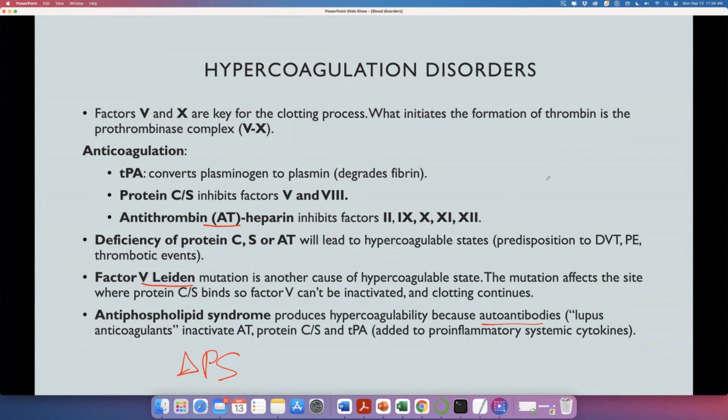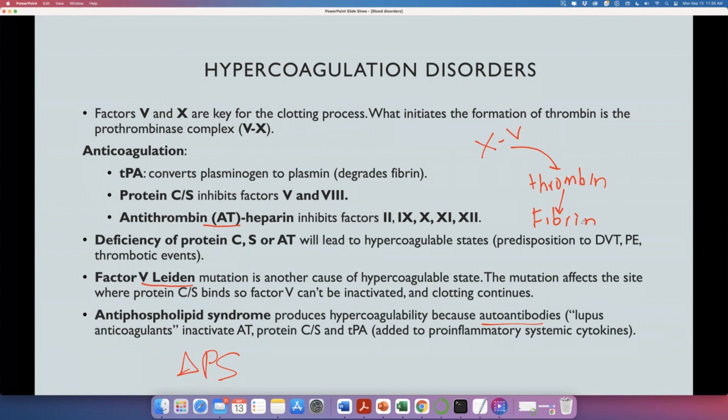Remember, the coagulation cascade ends with the formation of fibrin to form the clot. Fibrin is going to be activated by thrombin. And what activates thrombin? A complex made by factor 10 and factor 5. So this would be the last steps of the coagulation cascade.